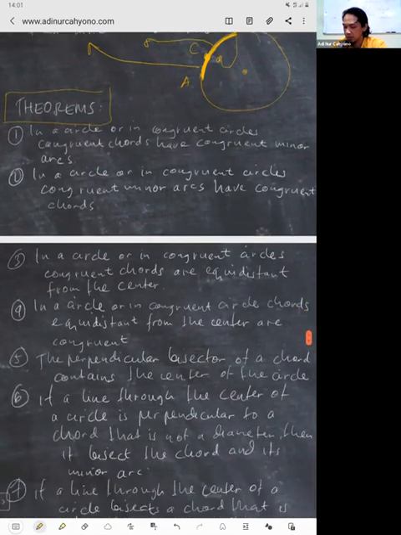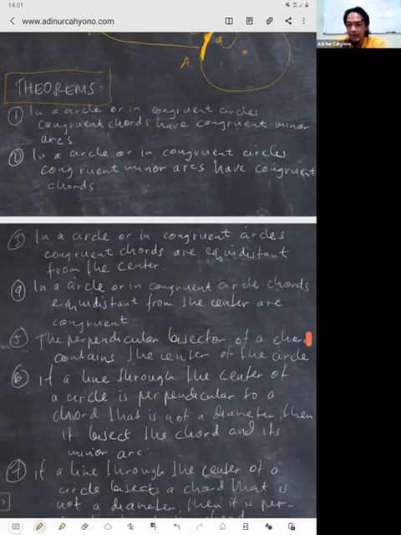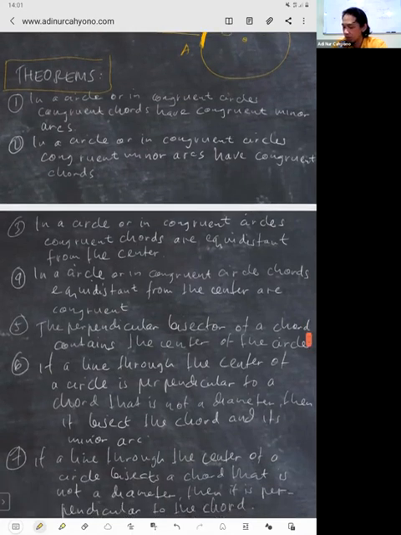I think you don't need to prove all of the theorems, but at least you can understand them, and you can try to prove one or several theorems as an exercise. But the most important is that you can use these theorems to solve problems, and also think about the situations of each of these theorems.